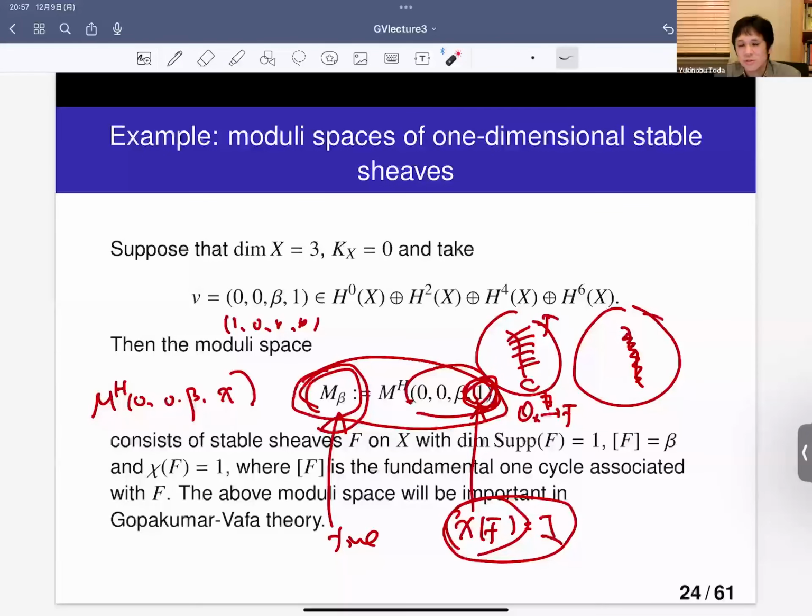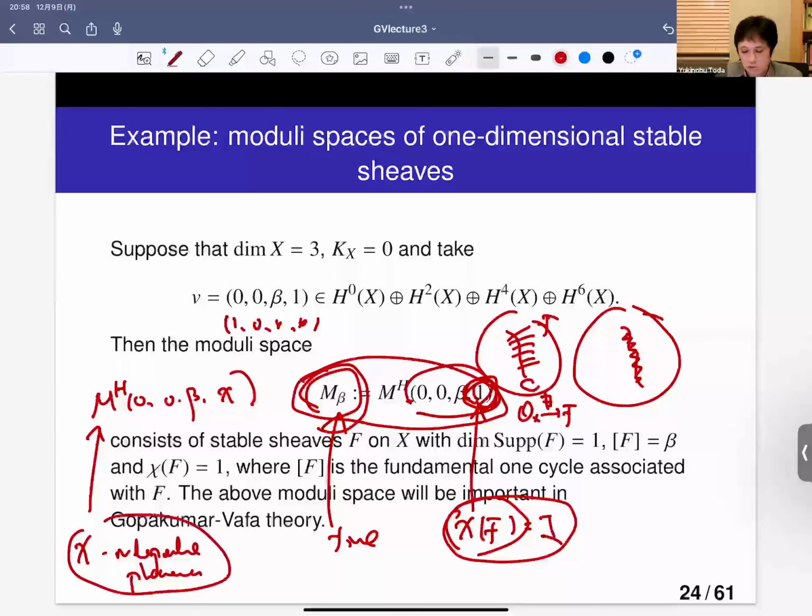The conjecture is that the resulting invariants should be independent of this choice of chi. So this is one of the mysteries of this Gopakumar-Vafa story. This is called the chi independence phenomenon. Conventionally, in defining Gopakumar-Vafa invariants, we take chi equal 1, but the resulting invariant should be independent of this choice.